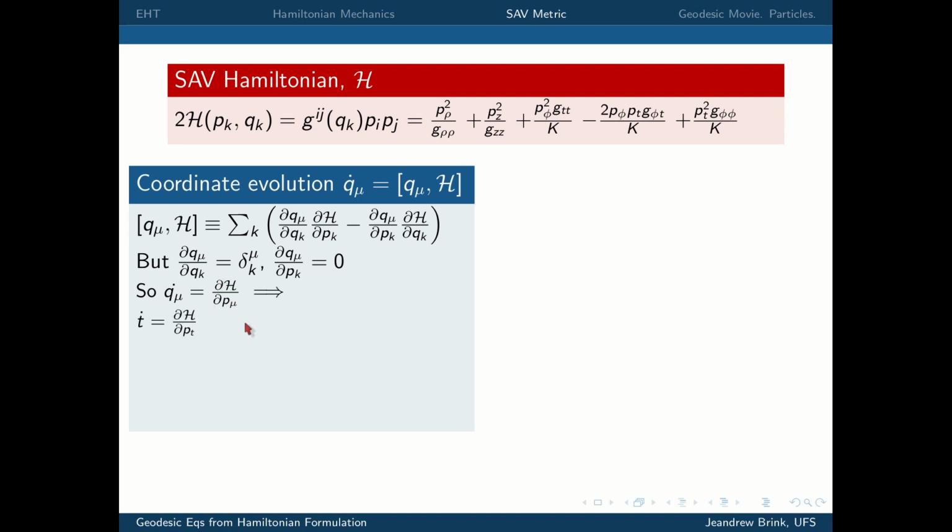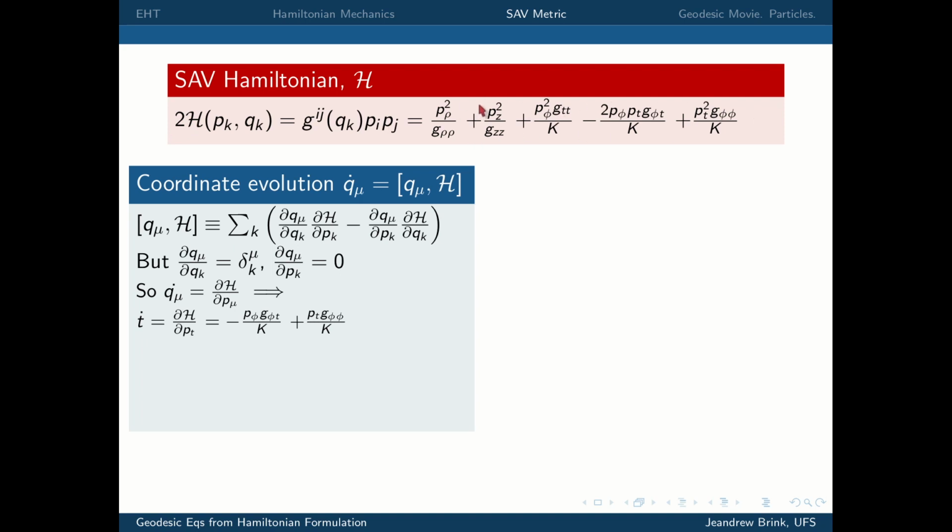We can now make use of this Hamiltonian H, take the derivatives with respect to the momenta, for which it is only quadratic, and simply write down what the equations are. So we have t dot equals dH/dpt. Remember that there's a factor of 2 over here, so this expression is actually half the Hamiltonian.